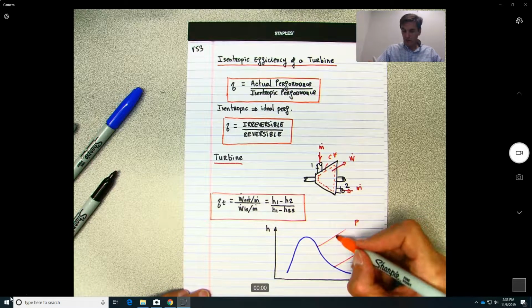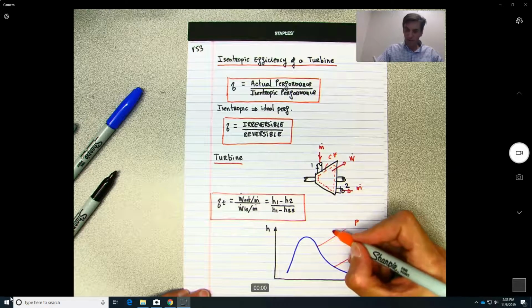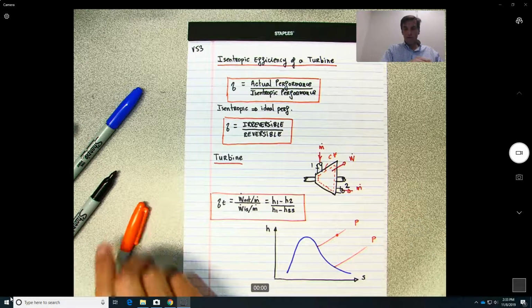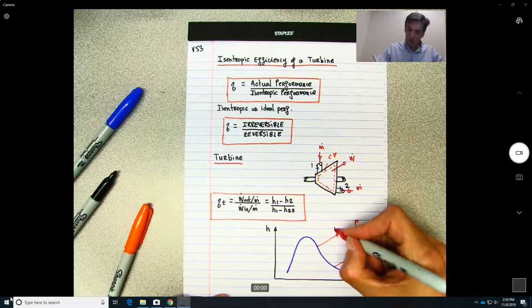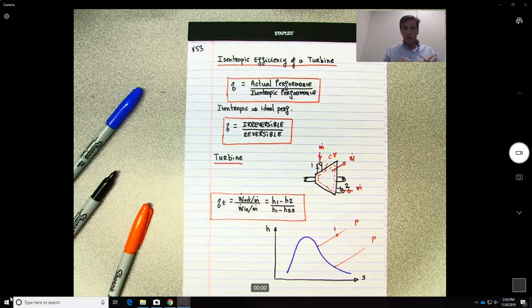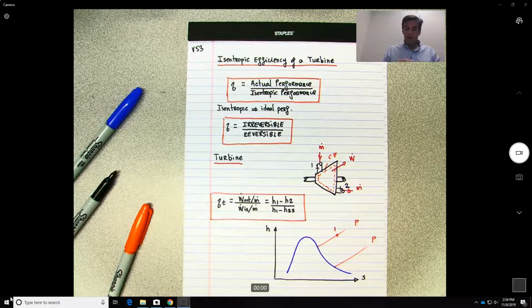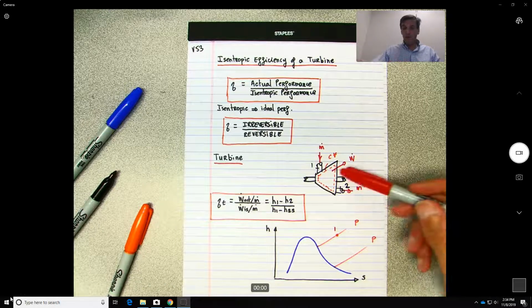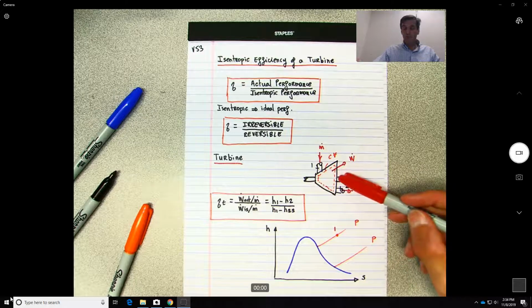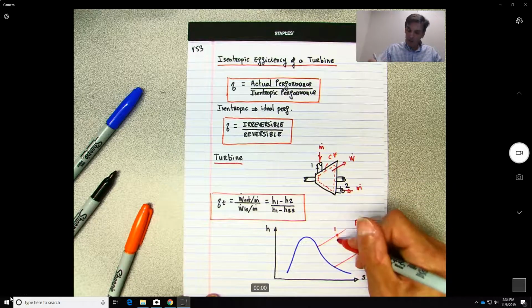So this will be 1 here. What happens in a turbine, you go from a line of high pressure to a line of lower pressure over here. So you have the high pressure here, this will be lower pressure. So the system is isentropic.